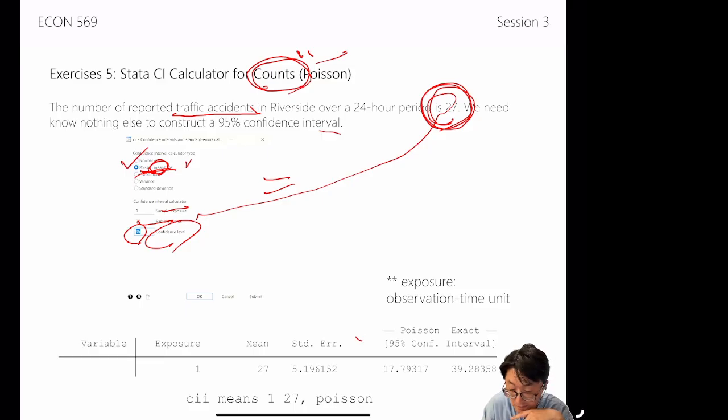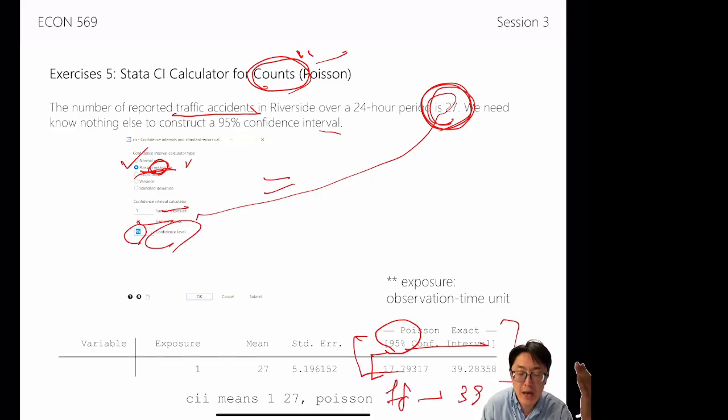If we repeat this kind of test 100 times, then out of 100 times, with 95% chance you will see about 18 to 39 traffic accidents.